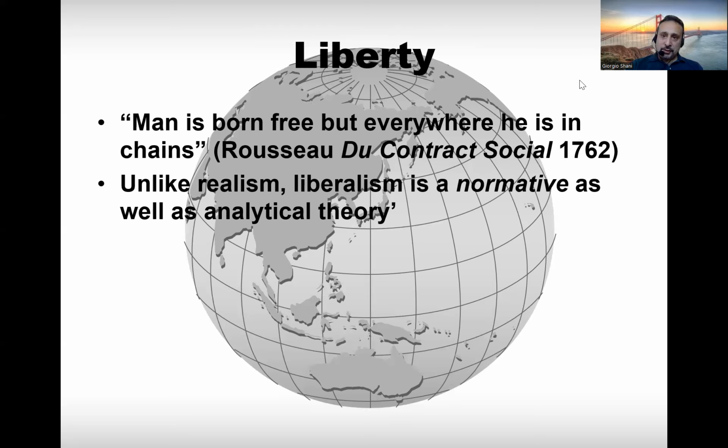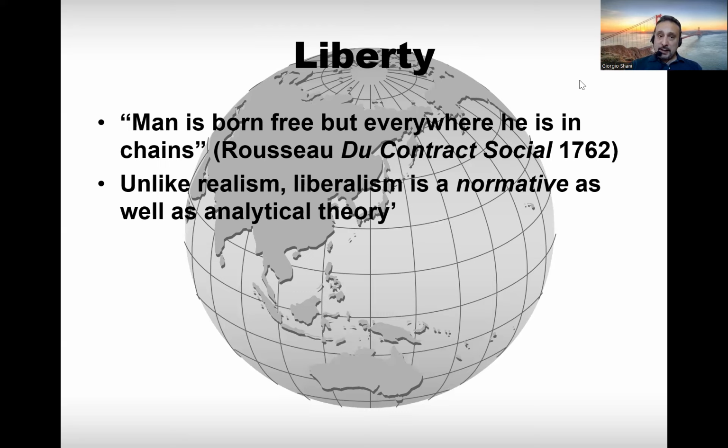So there is a tension here between the normative and the analytical. The idea that man is born free is a way of saying that man should be free, that the individual human being should be free. So this is explicitly a normative statement.